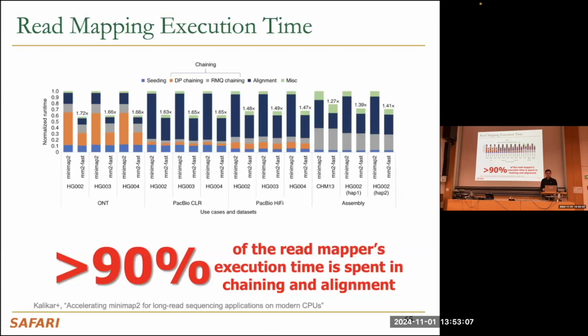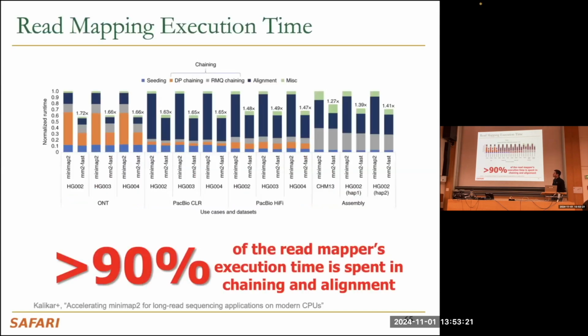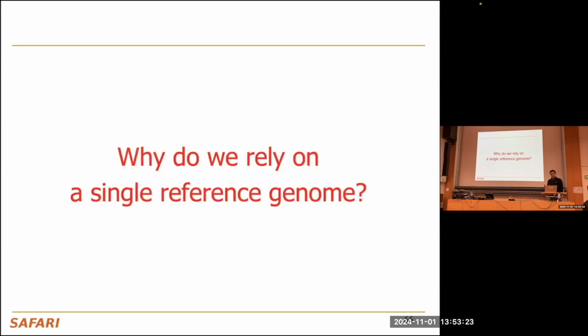The rest of the steps, for example seeding and filtering, are not causing a huge computational overhead, but the DP computations are. So maybe one could look at how we can accelerate these steps. But the second question is, do we really need to rely on also a single, yeah, go ahead.